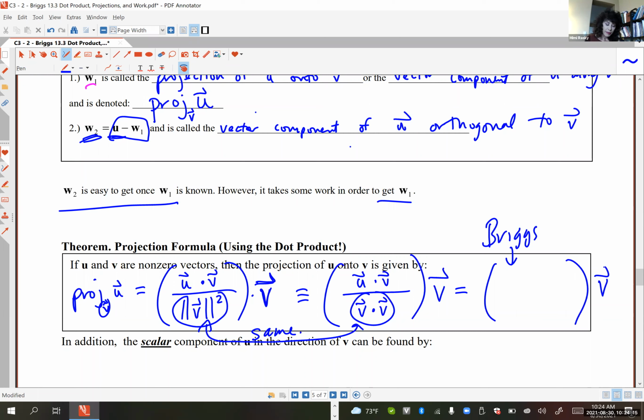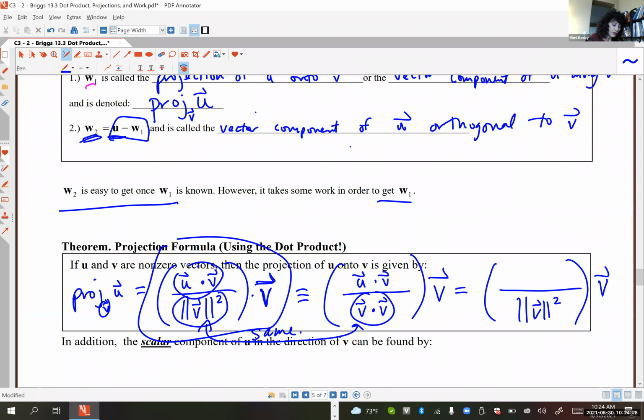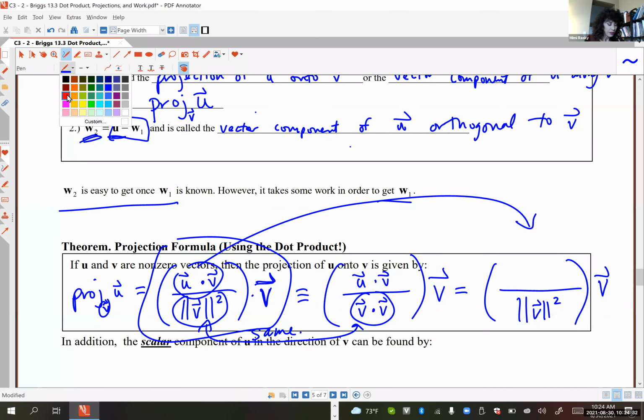So I'm going to derive it. I won't give you the full final version yet. Let's say you start with mine, where the denominator is the magnitude of the V vector squared, and then let's use the formula for dot product in that theorem that we covered last time. The dot product of a vector U and V is equivalent to the cosine of the angle between the vectors multiplied by the product of their magnitudes. Okay, cool beans.